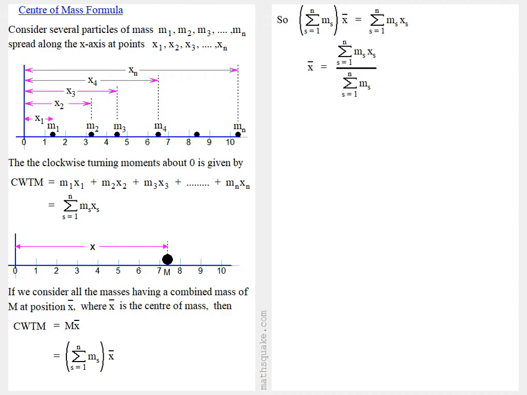And if we divide through by the sum of the masses, we get x bar is the sum of the ms xs terms over the sum of the masses. For short, we can write that as x bar is equal to sigma mx over sigma m. And this is our formula for the centre of mass.